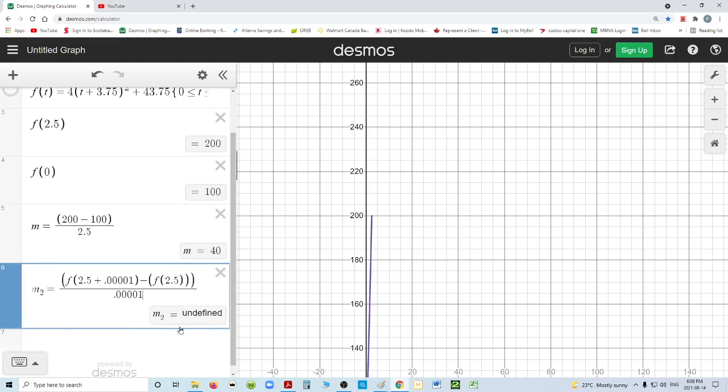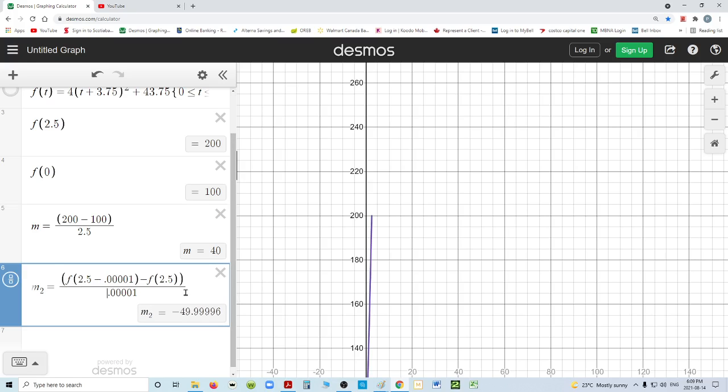That's my h. And why is it giving me undefined? Get rid of that. Still undefined. Because I had to do minus, sorry, because there's nothing on the right side. There we go.